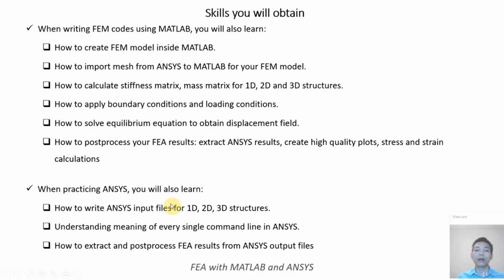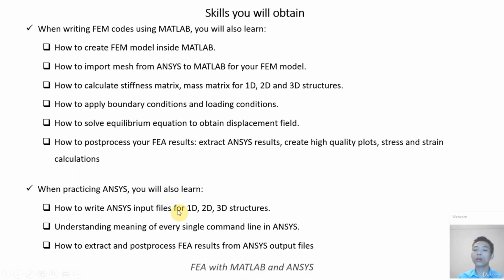I need to clarify why I say ANSYS input files: in this course I will show you a way to conduct FEA using ANSYS at an advanced level. I will teach you from very simple steps to reach the advanced levels of conducting finite element analysis using ANSYS by writing script files or input files.